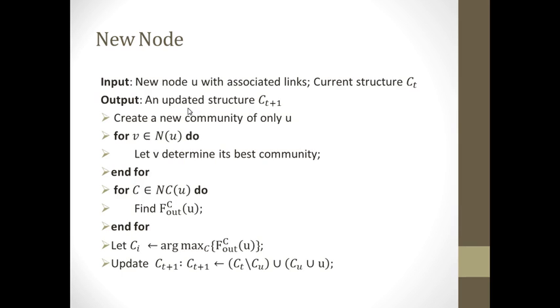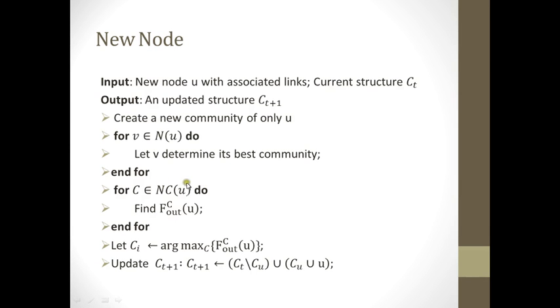But if the node has some associated edges, then first we create a new community for U. Then we find all the vertices which are incident to U, and find out the communities of those vertices, and then for all those communities to which U is connected, we calculate FC, which is the force with which the community tries to bring the node U into it.